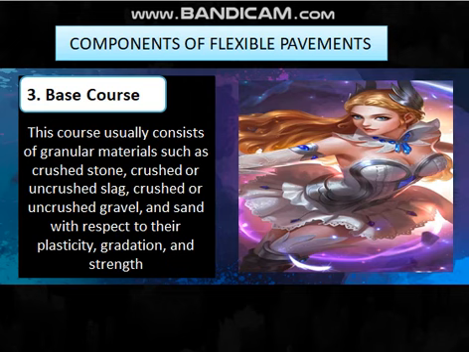Base course is located above the sub-base, and if the sub-base course is not used, then we will place the base course above the subgrade. The specifications for base materials usually include more strict requirements than those for sub-base materials, particularly with respect to their plasticity, graduation, and strength.